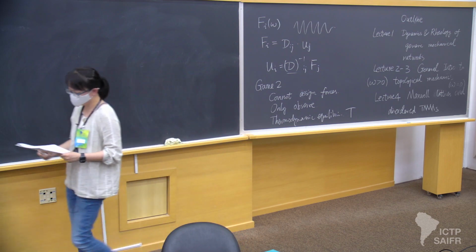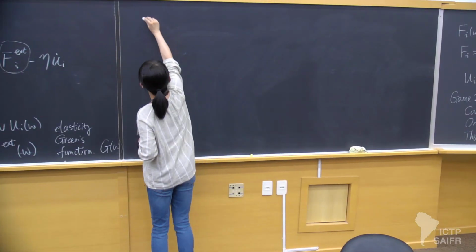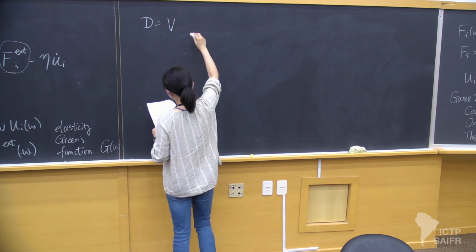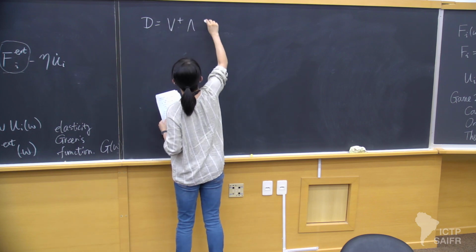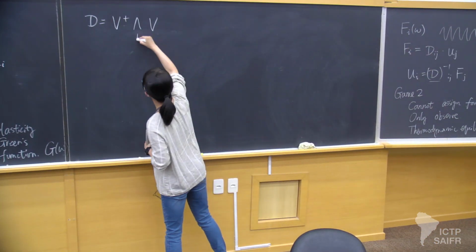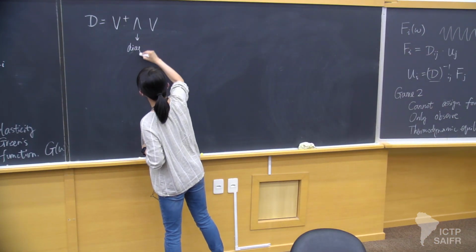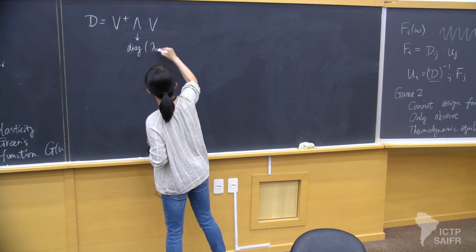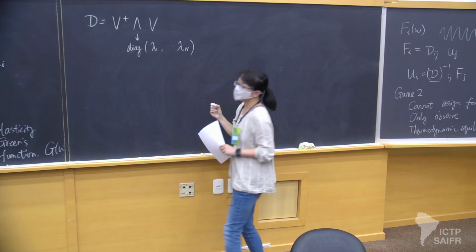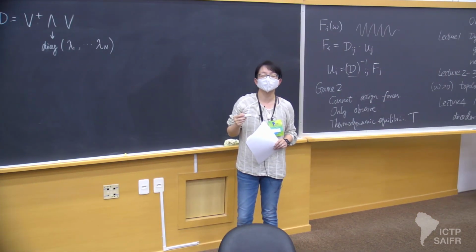In particular, I suppose D can be diagonalized. So this is the diagonal matrix of the eigenvalues of the dynamical matrix.